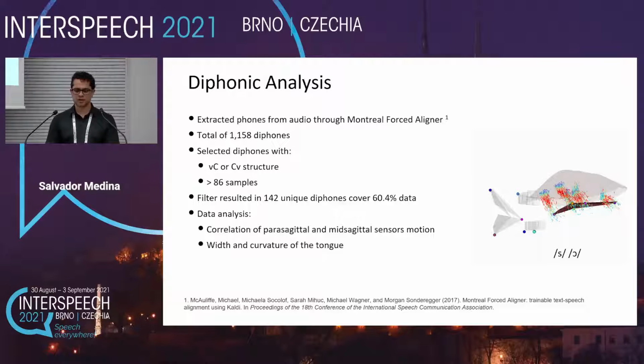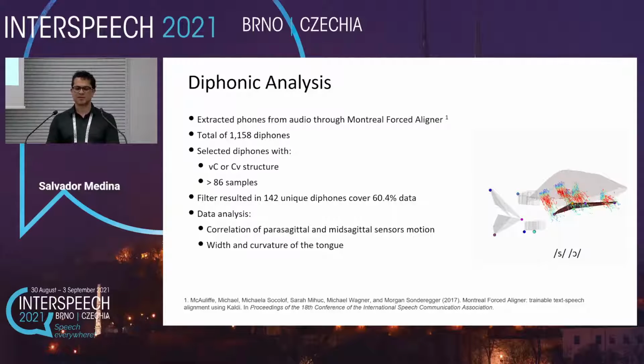To check the quality of the data that we have, we made a diphone analysis. We took advantage of our experimental setup, where we already knew the transcripts of the audio. So we used the Montreal Forced Aligner to extract the phonemes from the whole audio, and then calculated the diphones in a sequential n-gram approach, where we got a little bit above 1,150 diphones.